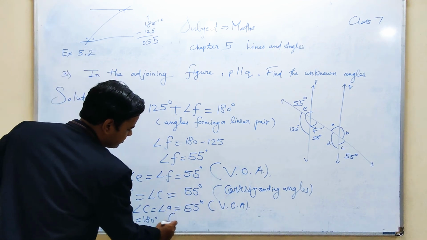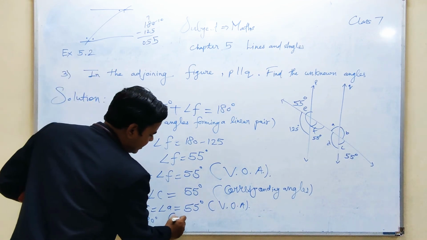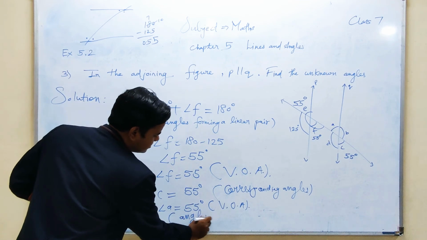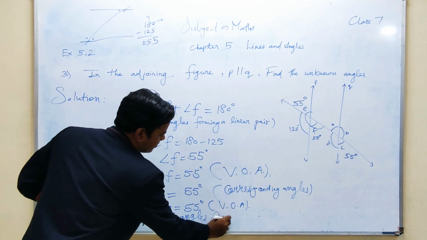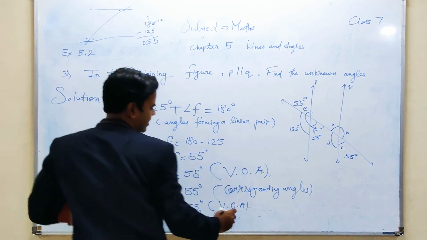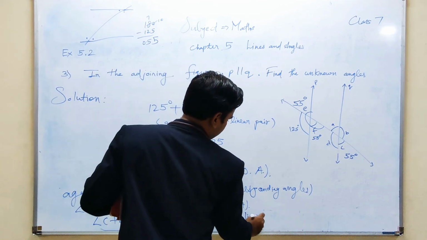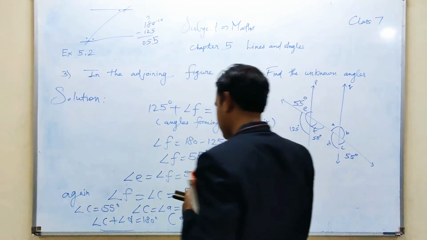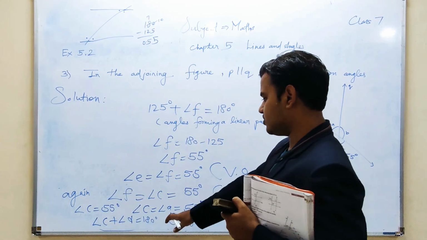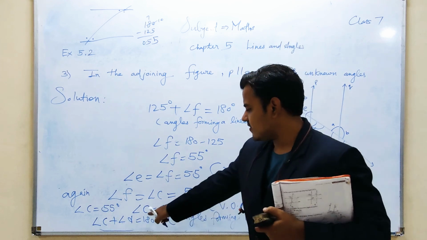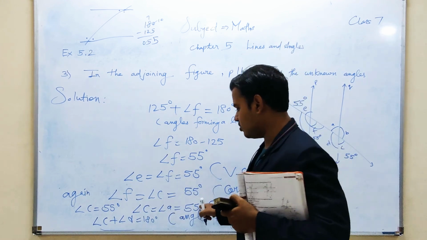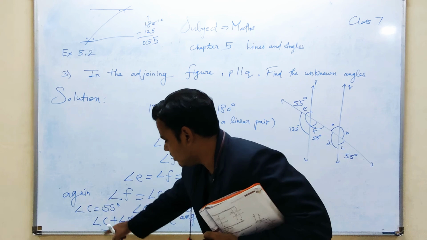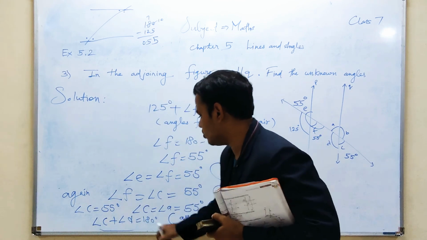Reason you can write, angles forming a linear pair. Now angle C plus angle D is equal to 180 degree, but angle C we have here as 55 degree. So this value of angle C we will substitute over here. This will be 55 plus angle D is equal to 180 degree.